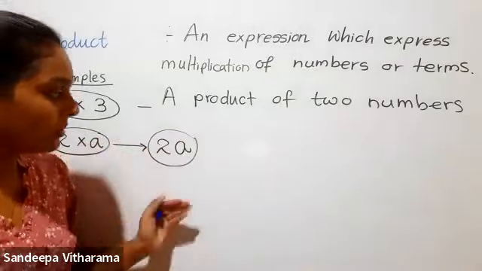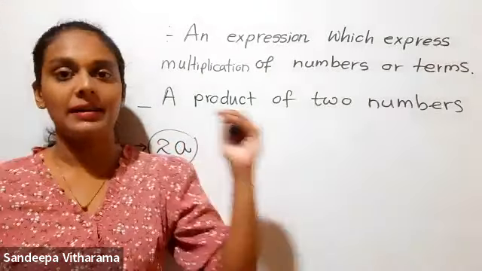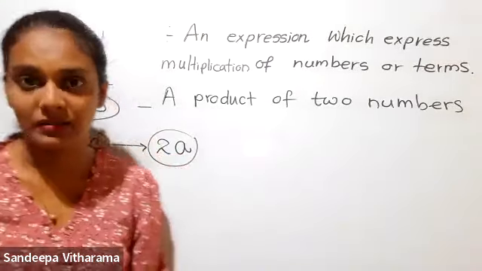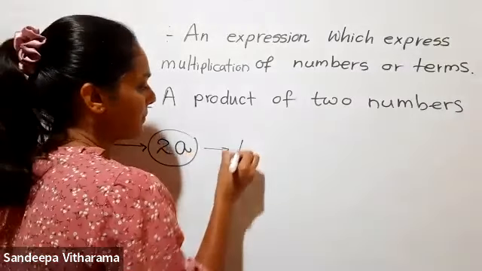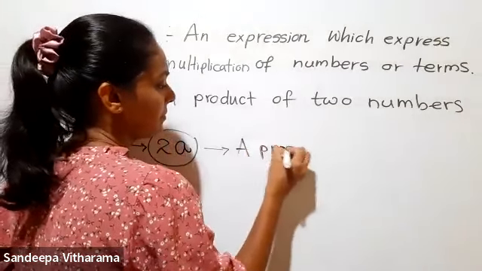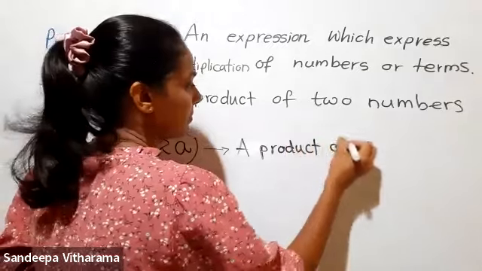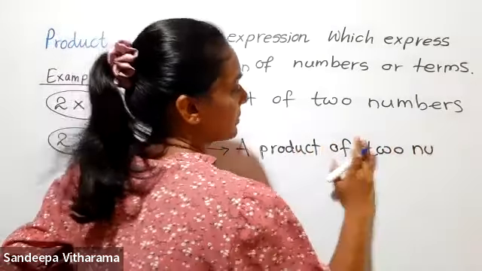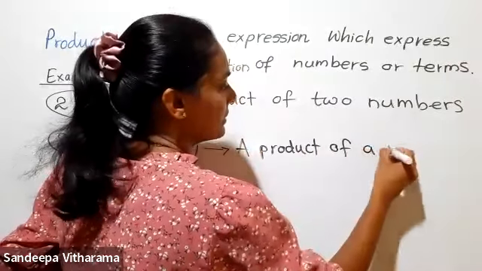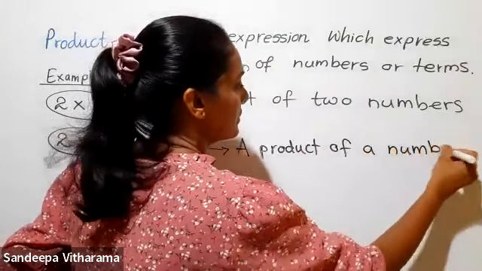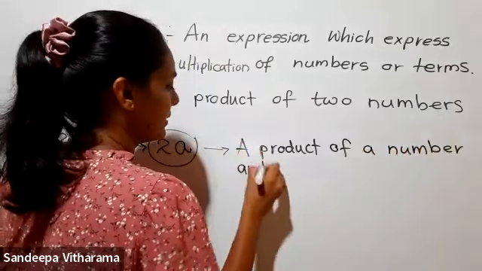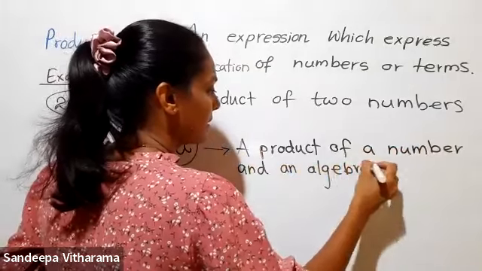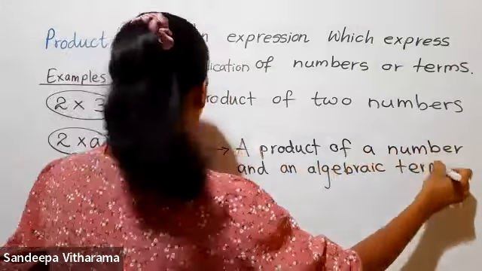When you look at a number and an algebraic term together, you can say that is a product of a number and an algebraic term.